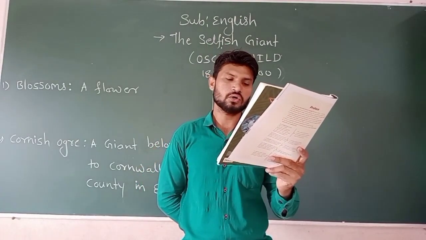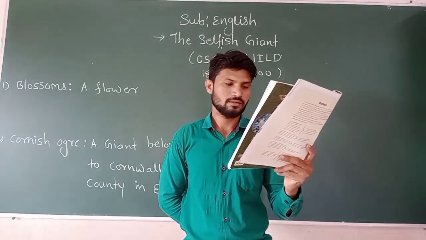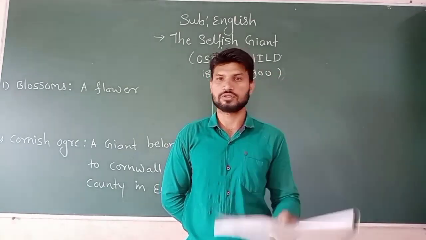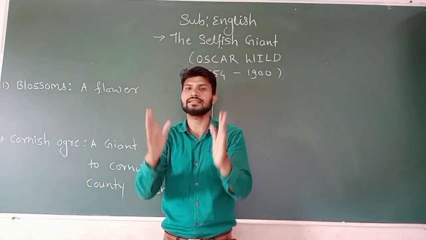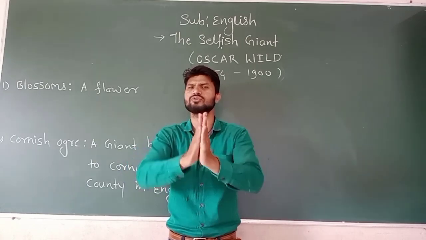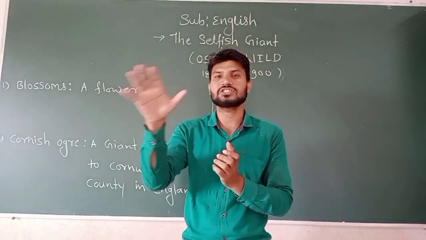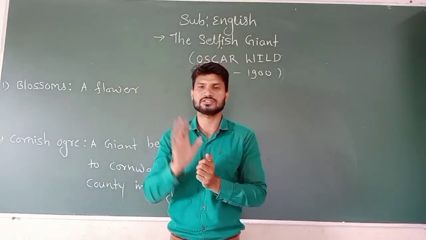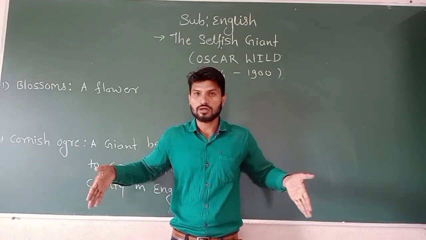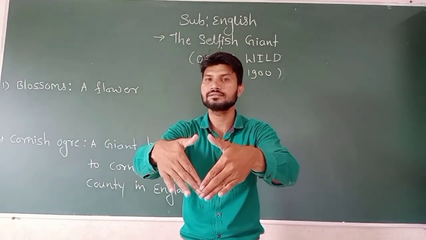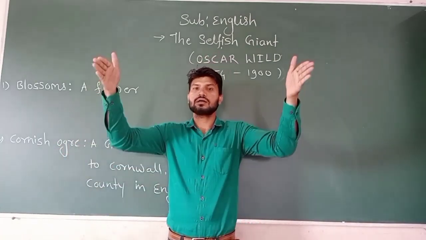Then he built a high wall all round it and put up a notice board. When he saw all the children playing in that garden, at that time he shouted at the children. Then he built a wall. उसने क्या किया? What did he do? He built a wall, compound. उसने एक wall compound बांध दिया.